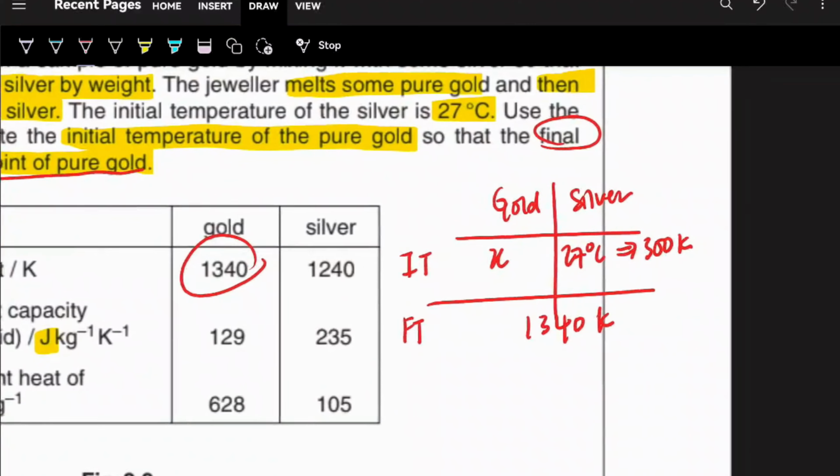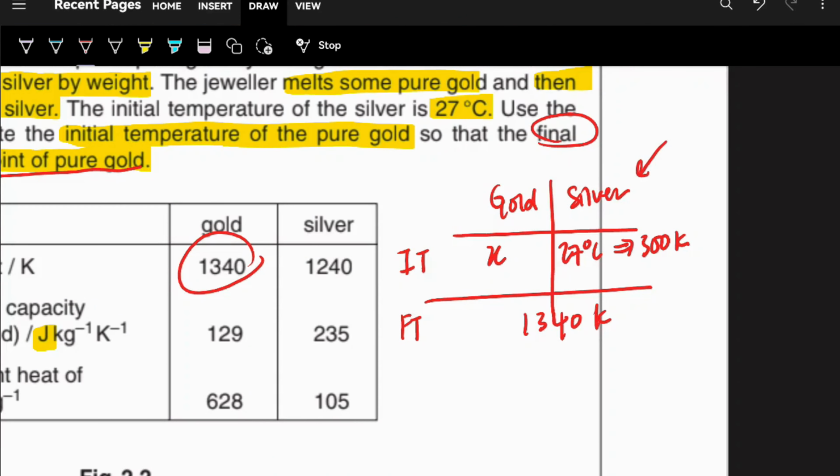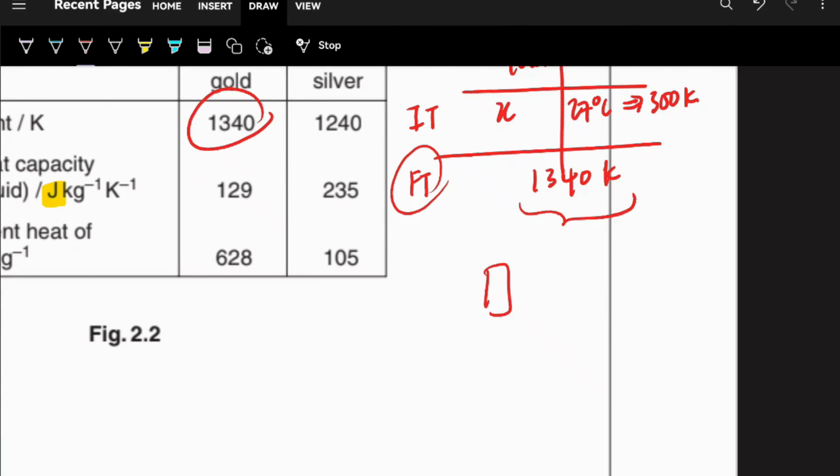So from this table itself, if you didn't realize, this is actually a thermal equilibrium question. Why did I conclude that? Because the final temperature is the same. When, for example, two objects are in contact, let's say you have object A and object B, and both objects are in contact and both of them have their respective temperature.